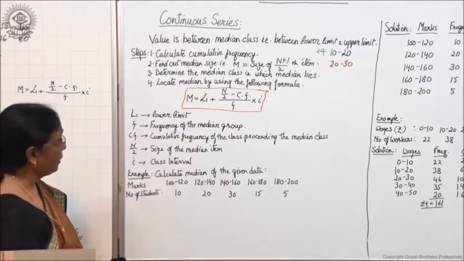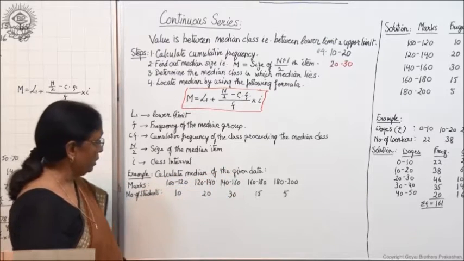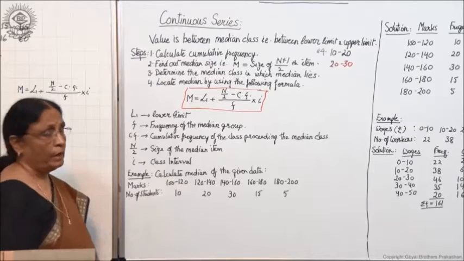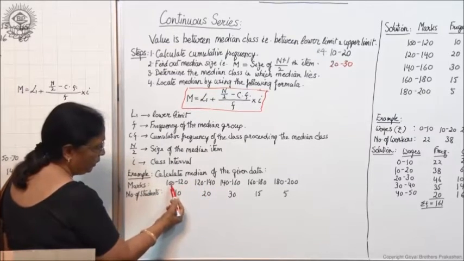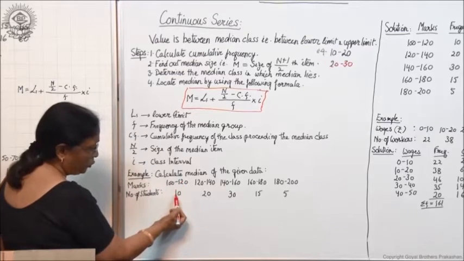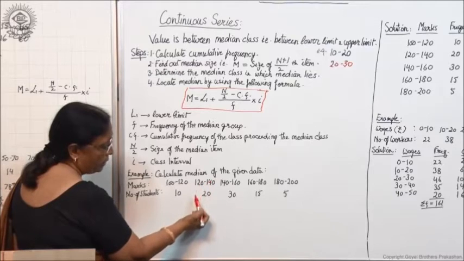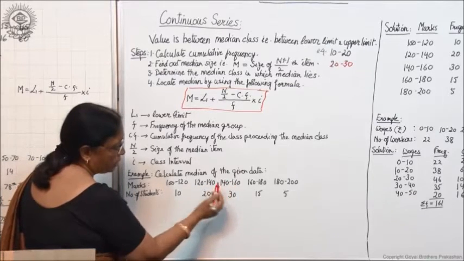Now let us take the example. Calculate the median of the given data. Here the marks and number of students are given, and marks are in the form of class interval. That means between 100 to 120, 10 students have got marks in this class interval, 20 have got in the next, 120 to 140, 30 have got 140 to 160, like this.